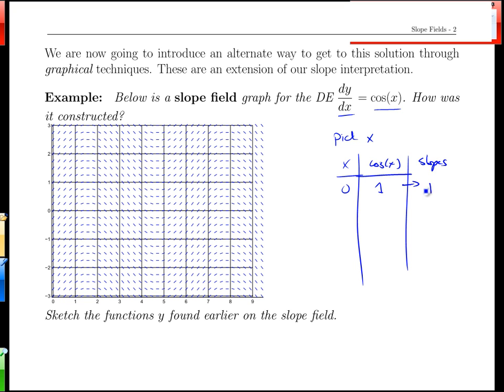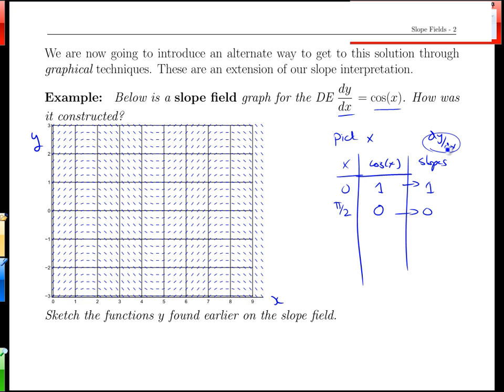I want to make it explicit: if we're doing a graph of y versus x, the information we've been provided with is that the slopes of the graph we're looking for are defined by cos of the x value. So when x is 0, we should have slopes of 1. And if you look a little bit further, like around pi over 2, 1.6-ish, cos of pi over 2 is 0.